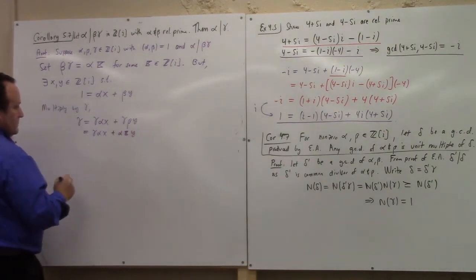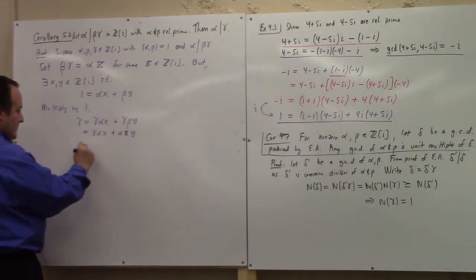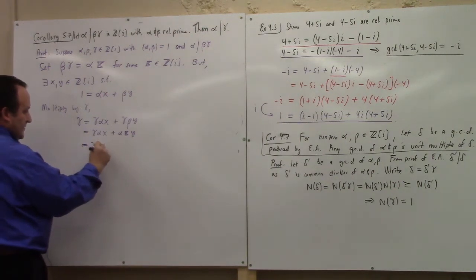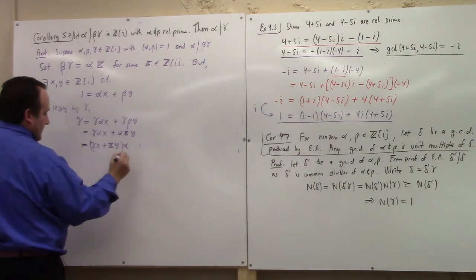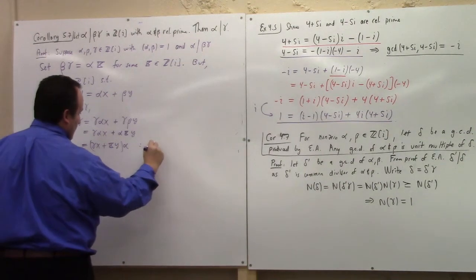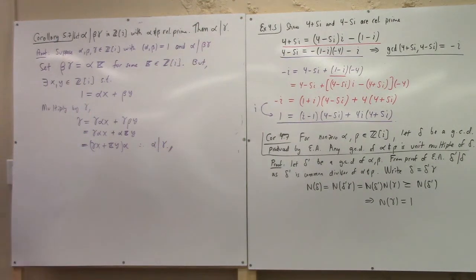And hey, we're done, because you can factor out alpha, right? So you've got yourself gamma x plus kappa y, all times alpha. Therefore, alpha divides gamma. This is literally the same proof we gave in the integers.